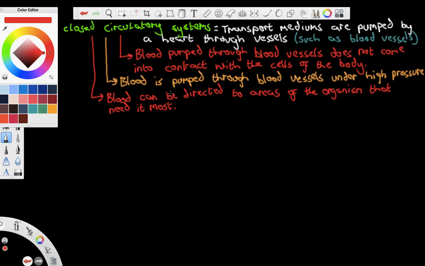So, for example, when you're in a fight or flight response, blood is moved away from your digestive system and to the muscles of your body.